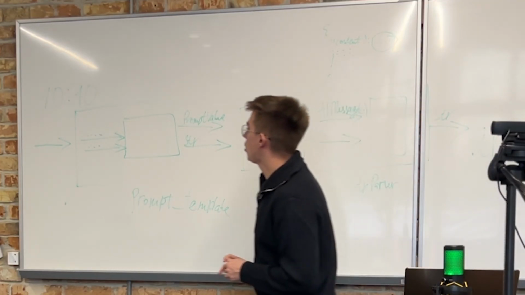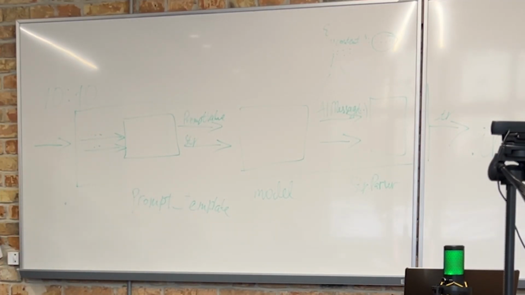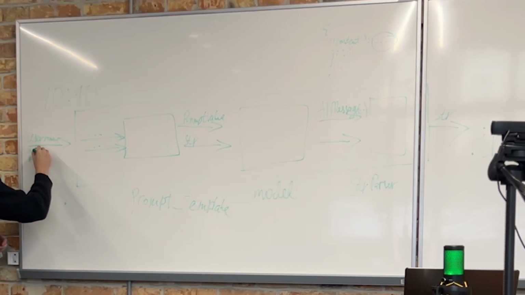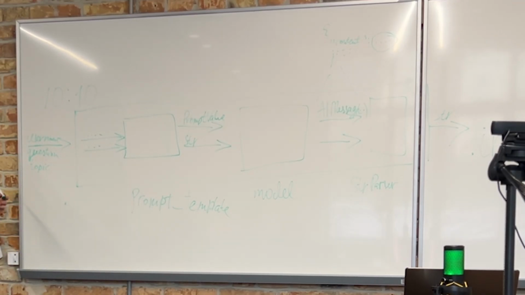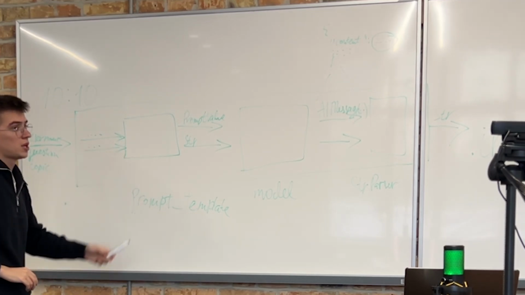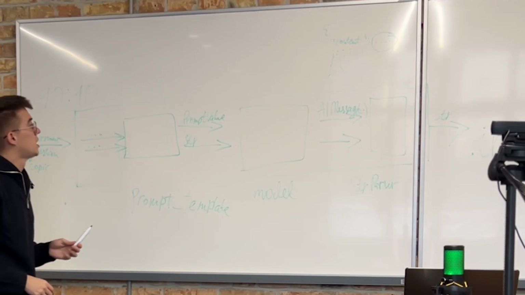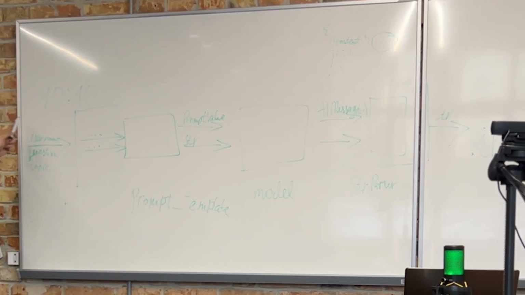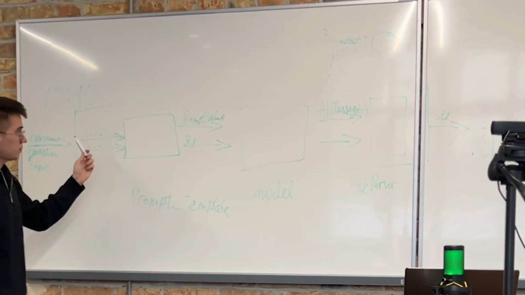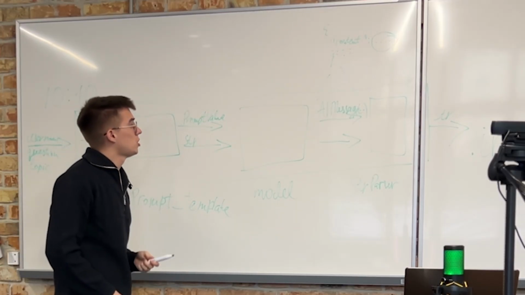So that's the whole diagram of a chain. For example, here we can add a username and a question, or topic. We insert it into our prompt template, which adds everything from here into our prompt. We receive a prompt value as the result.